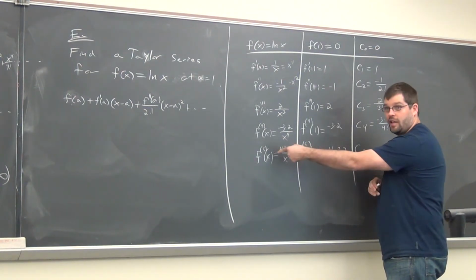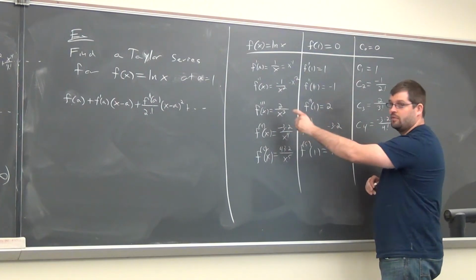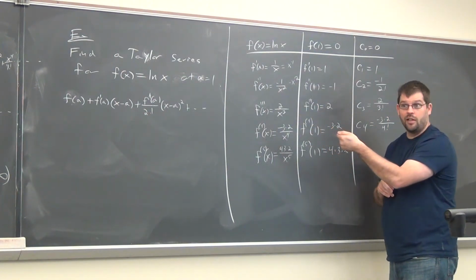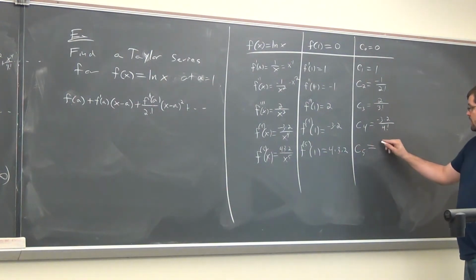The next one, it'll be a negative 5, 4, 3, 2. So it's factorial, but then the sign's also flipping, right? And so you come up with this, I think c sub 5 will give you 4, 3, 2 up top, the fifth derivative, and then divided by 5 factorial.